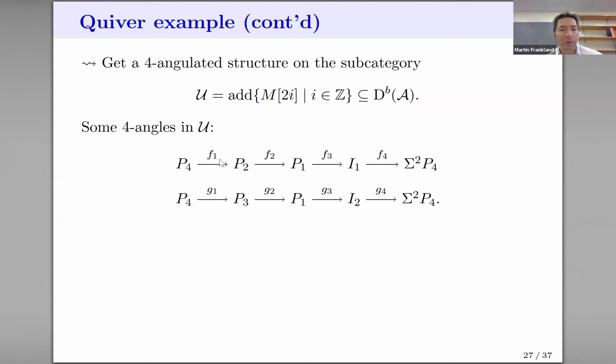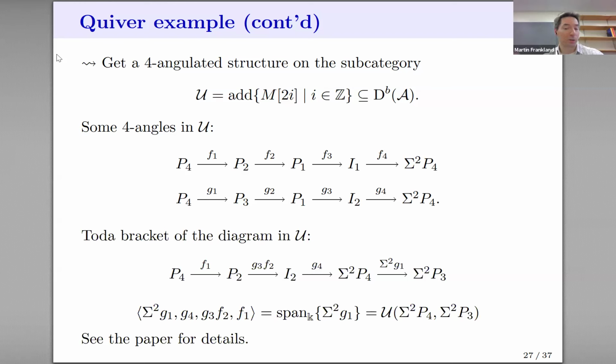And just to give you a flavor of the four-angles, the interesting ones have this shape. They're related to extensions, but yeah, it's not completely obvious. So I'm just going to say, if you sit down and start computing a lot of things, you can make everything quite explicit.